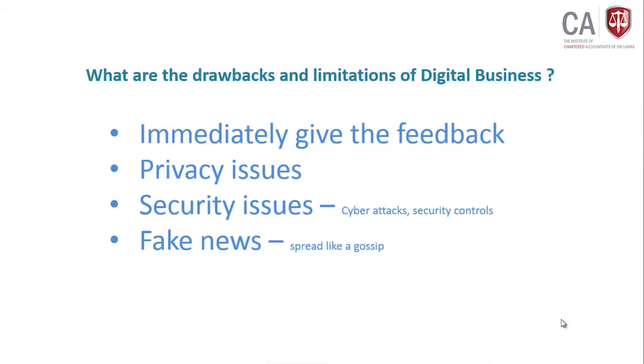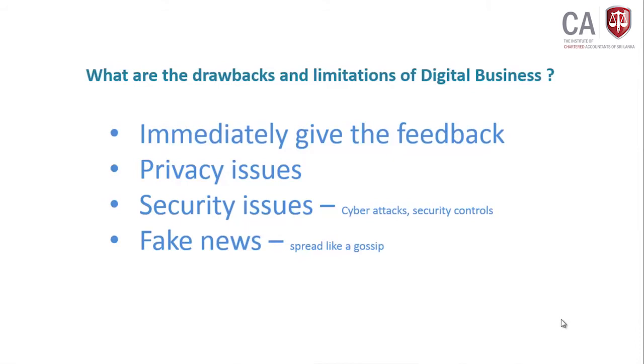immediate feedback, privacy issues, security issues, cyber attacks. In privacy issues, there can be many, because you are open to the digital mode, sometimes you are entering personal information on some website when they need your information.